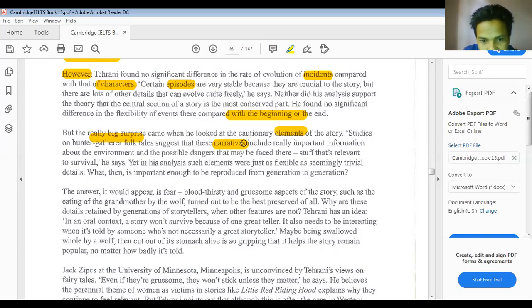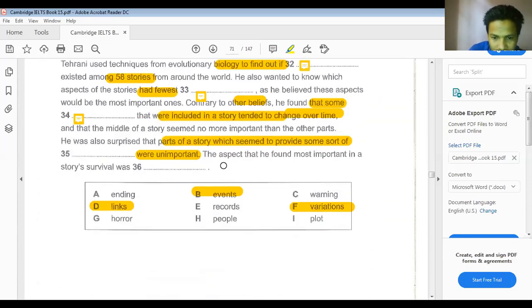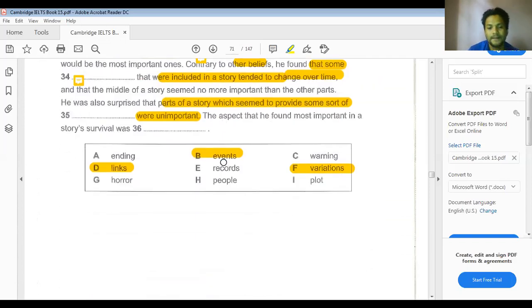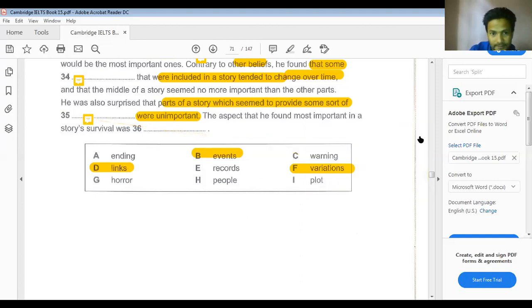Narratives, elements, narratives. Okay, let's see narratives. Yeah, the answer is narratives. Answer for question number 35 is elements. Okay, let's see what is the final answer.